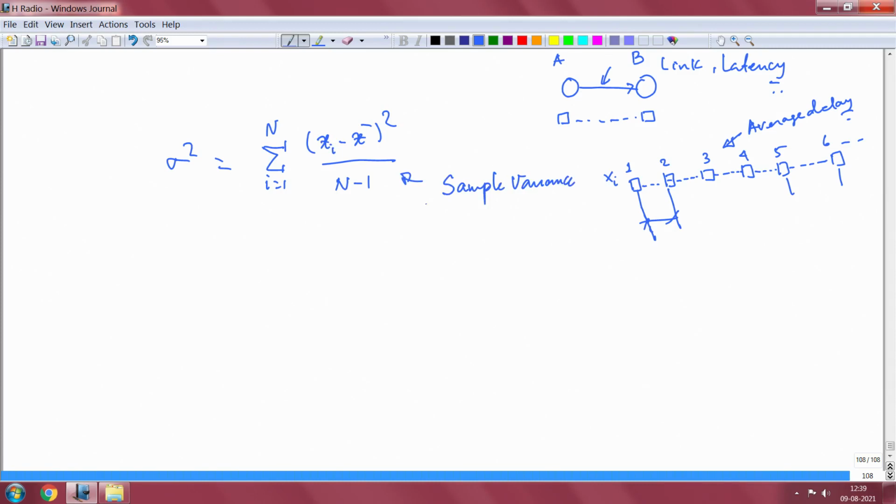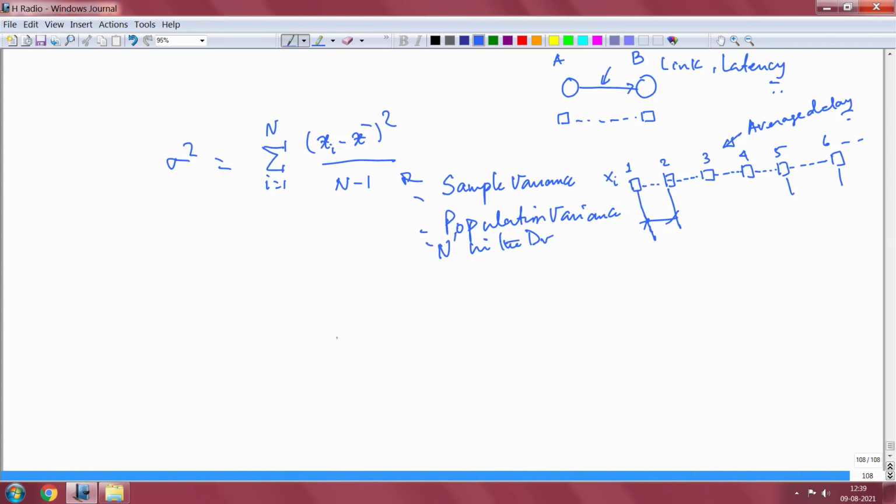You will also have population variance, and in population variance you will be using n in the denominator, but n minus 1 in the case of sample variance.